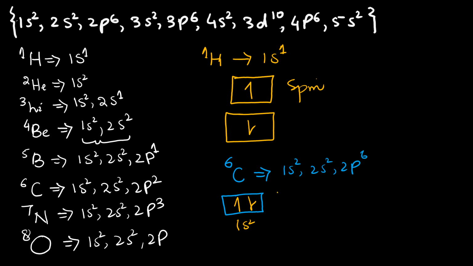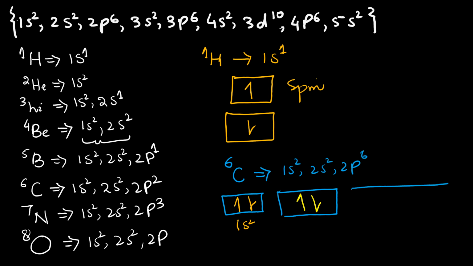Similarly, the 2s2 subshell is also filled, and it has the ability to hold 2 electrons. So it will fill 2 electrons, but the spin of the electrons will be in opposite directions. Whereas the p subshell has the ability to accommodate a maximum of 6 electrons.